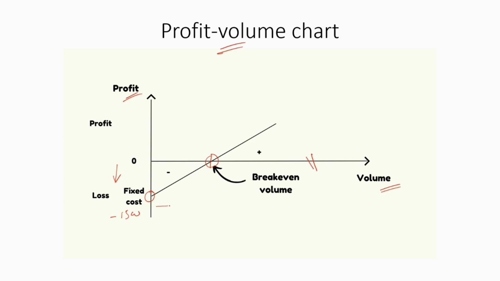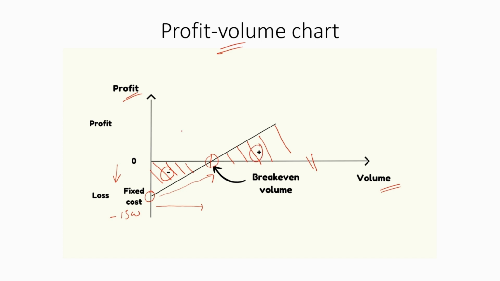As the volume increases, the line is also reaching the break-even volume. So the area below the x-axis is negative, which means the company is making losses. After the break-even point, the area above the x-axis is positive, which means now the company is making profits.